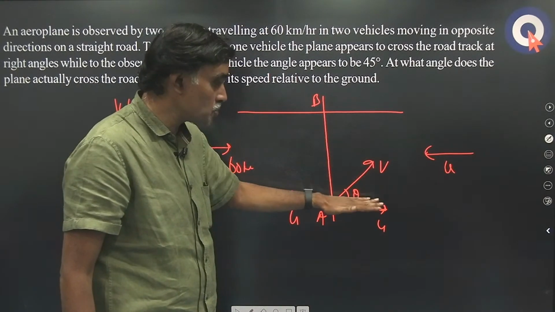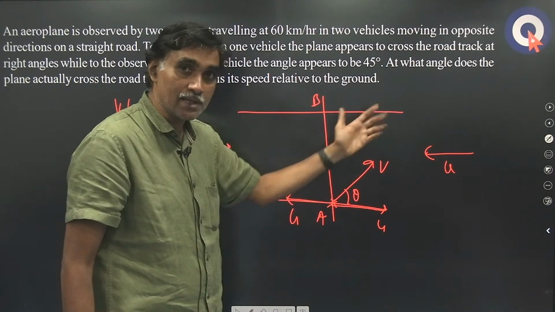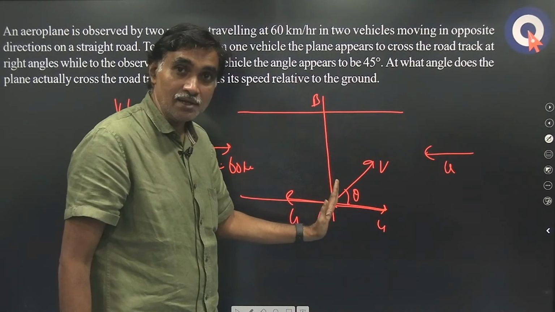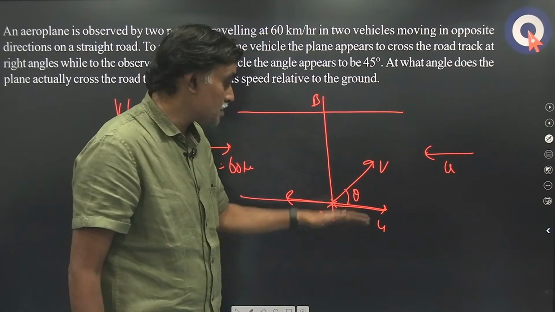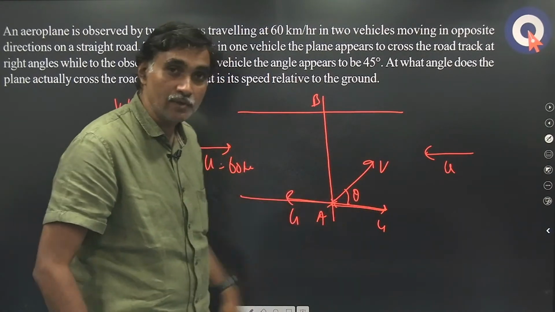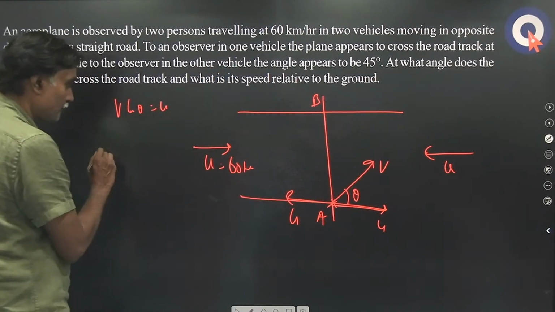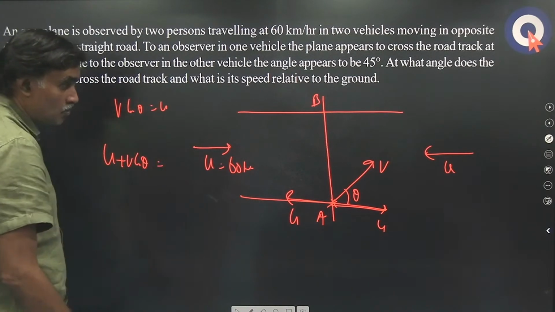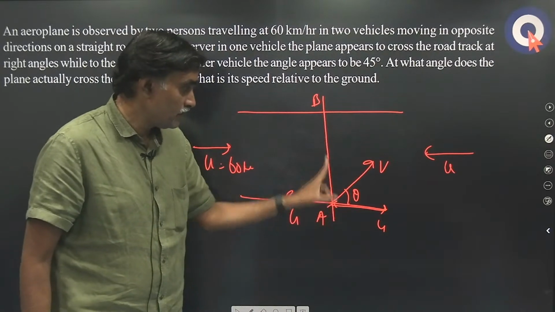So the resultant should make 45 degrees with the x axis, which means the x component of the relative velocity should equal the y component. What is the x component? It is U plus V cos theta, which is equal to V sin theta.